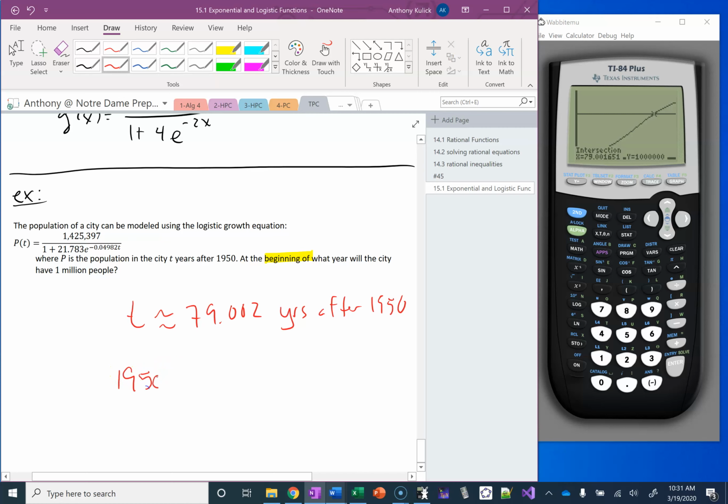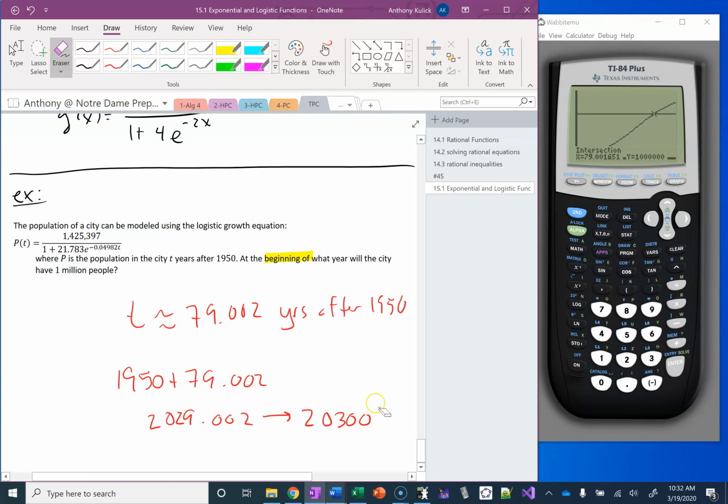So 1950 plus that 79.002 is 2029.002. So that means at the start of 2029, the population wasn't 1 million.